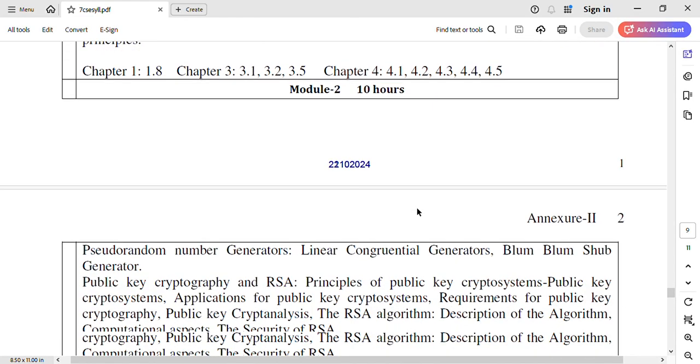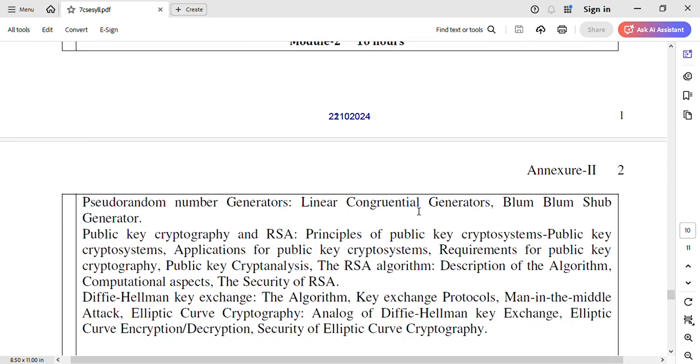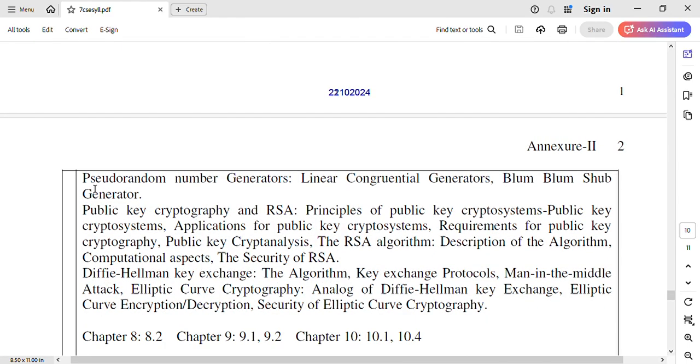So likewise module 2 deals with pseudo random number generators, linear congruential generators, Blum-Blum-Shub generator. So these are the two pseudo random number techniques we are going to use.